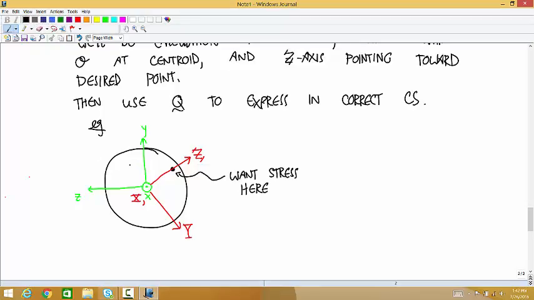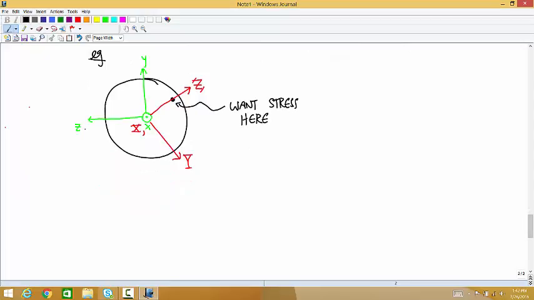And then once we get the stress tensor, we'll use a rotation matrix to go from this coordinate system to this coordinate system.